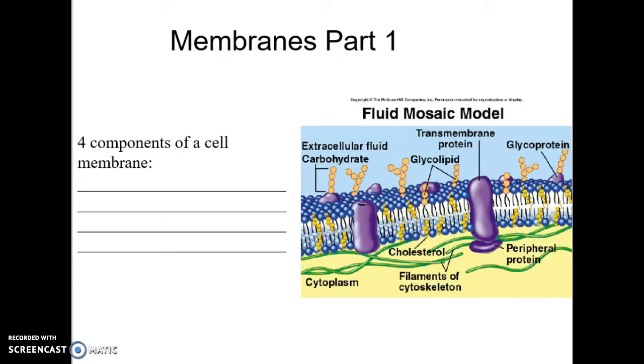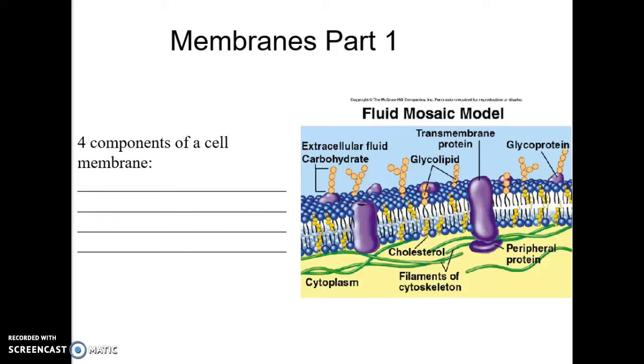So the components include a phospholipid bilayer. So the phospholipids, 2 layers of those phospholipids. They will have transmembrane proteins. These are those proteins that go from the inside to the outside of the membrane. They allow substances to move through the membrane, to either go from inside the cell out or outside the cell in.